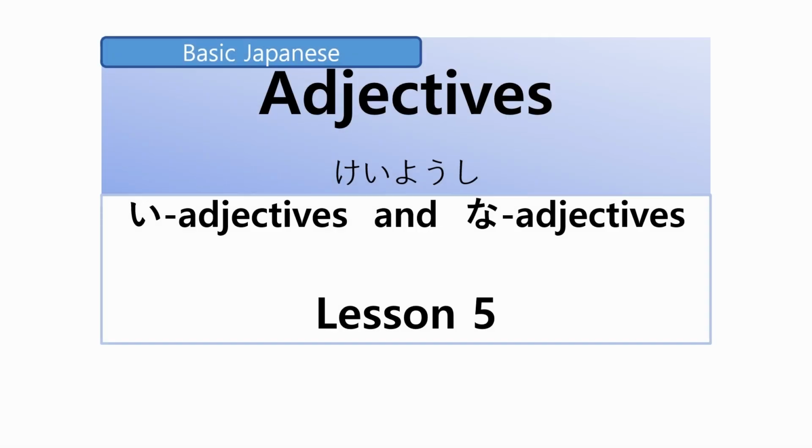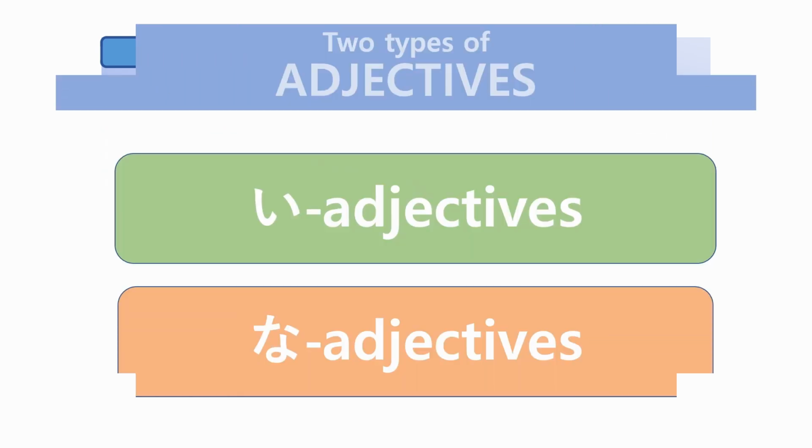Today's lesson is lesson 5. In this lesson, we are learning about adjectives. Let's get started. I-adjectives end with the syllable i in their basic form.